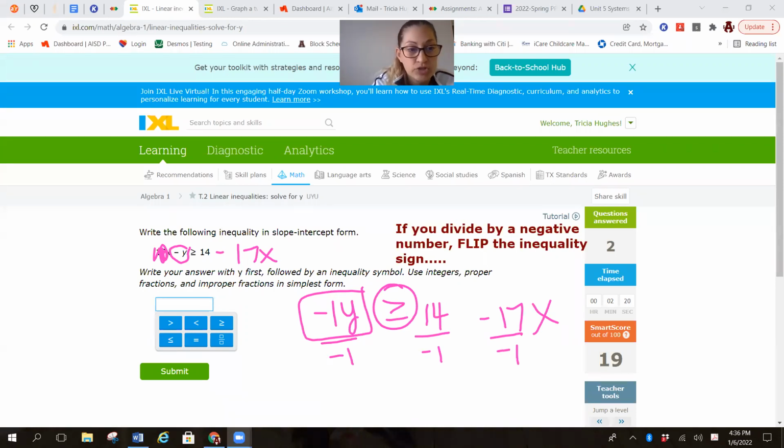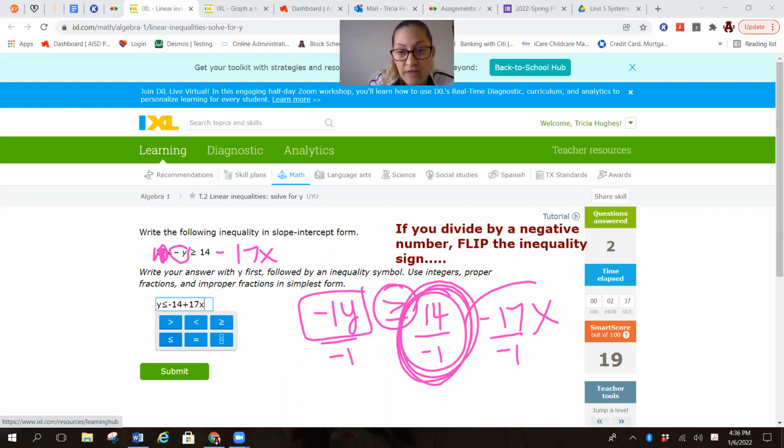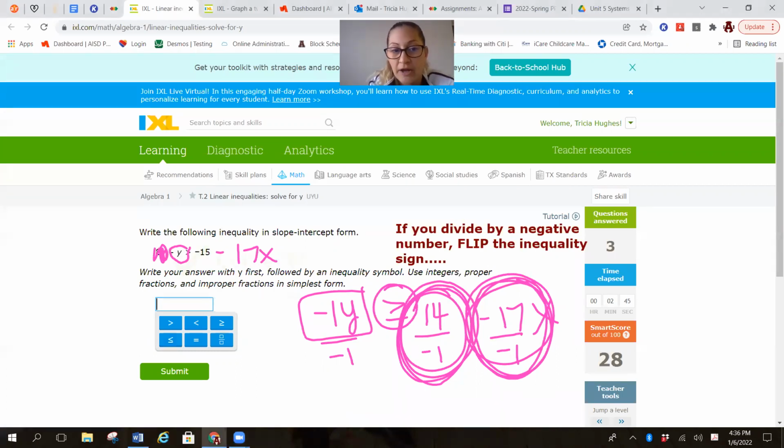So my answer should be y is less than or equal to a negative 14 now and a positive 17x, because notice on my screen here, y'all, that will turn into a negative 14 and that will turn into a positive 17 because of the two negative signs. And I got it right.